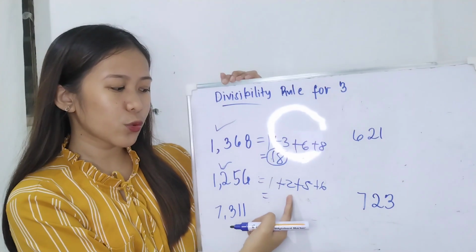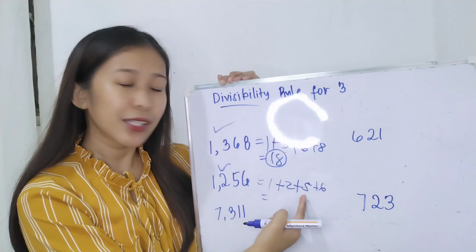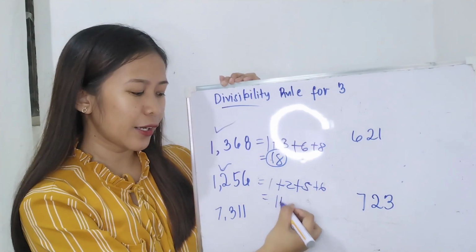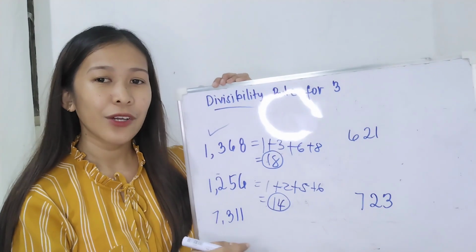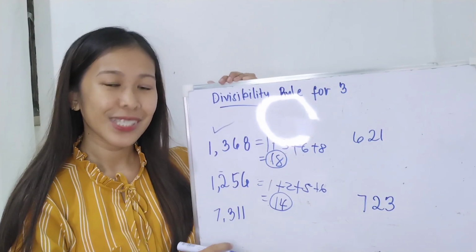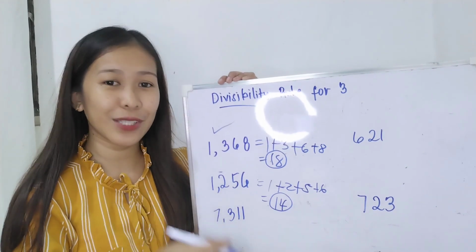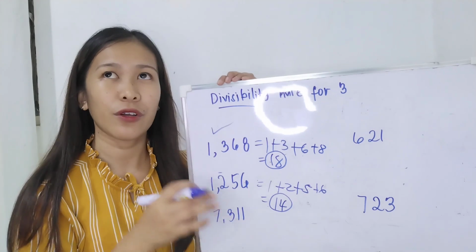So we have 1 plus 2 is 3, plus 5 is 8, plus 6 is 14. Is 14 a multiple of 3? Or is 14 divisible by 3 or not? It is not divisible by 3, kasi wala naman siya sa multiplication table of 3.